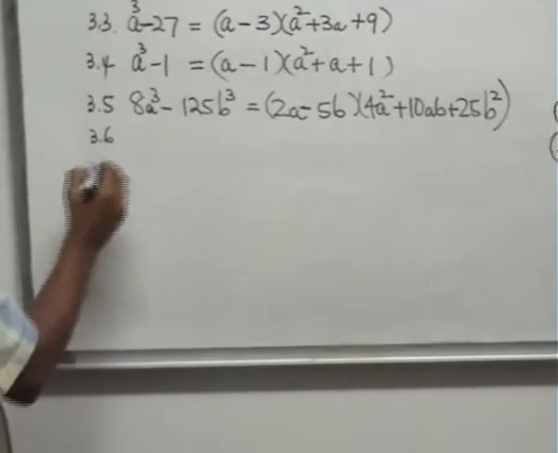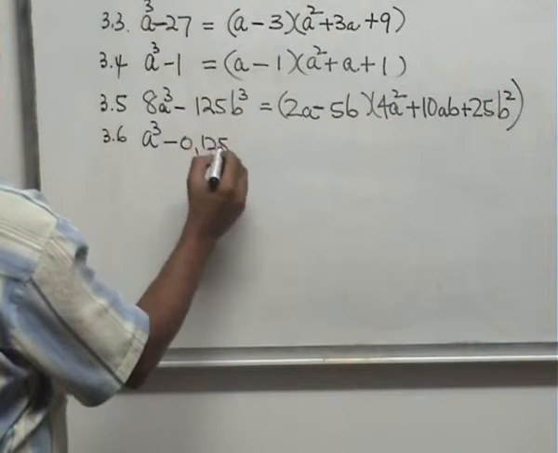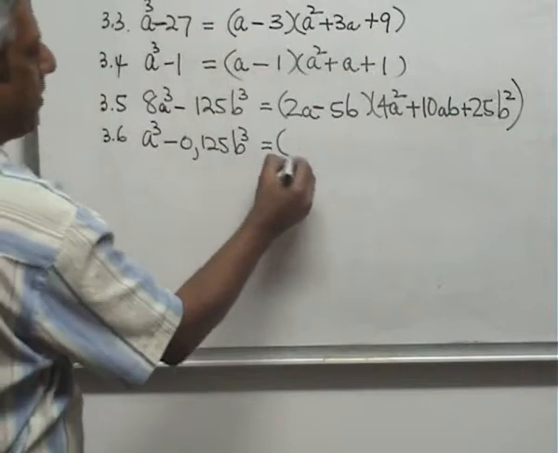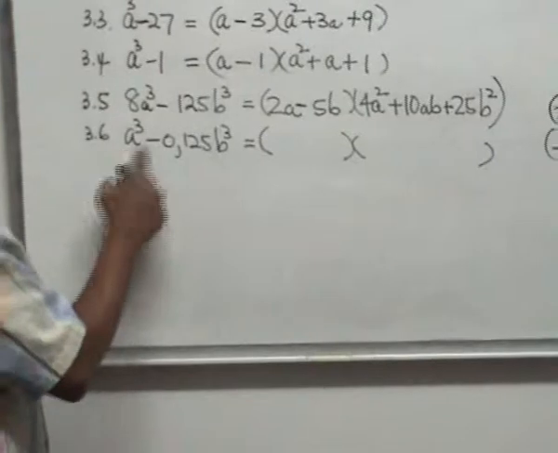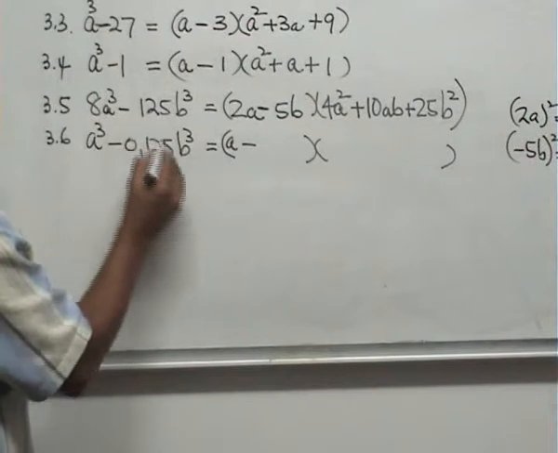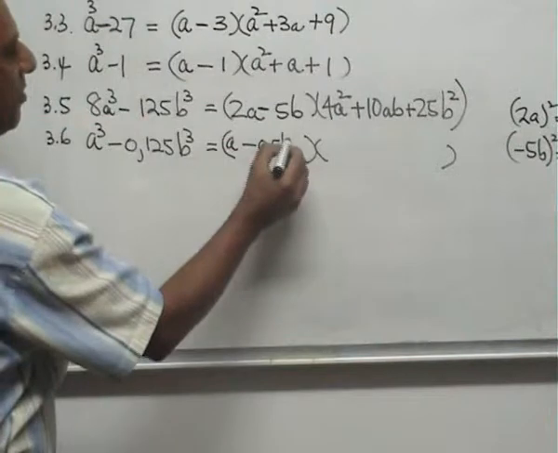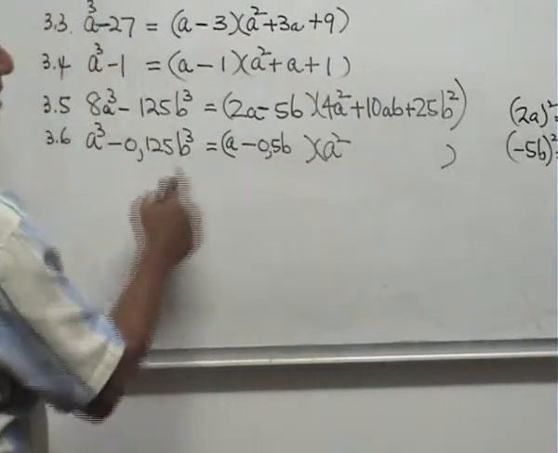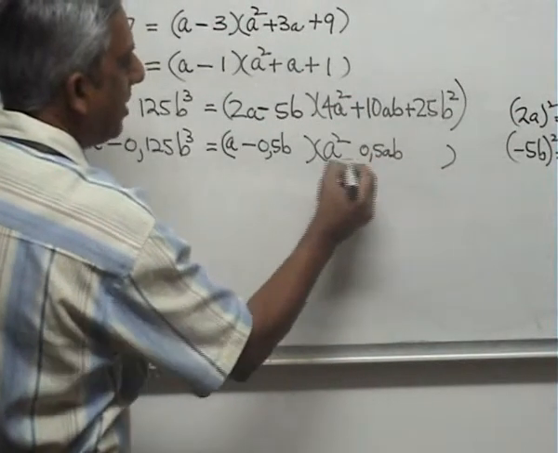3.6, a cubed minus 0,125b cubed. One small bracket and one bigger bracket. A minus, use your calculator, cube root of 0,125 is 0,5. Cube root of b cubed is b. Square the a, squared. Multiply these two, you get 0,5ab.